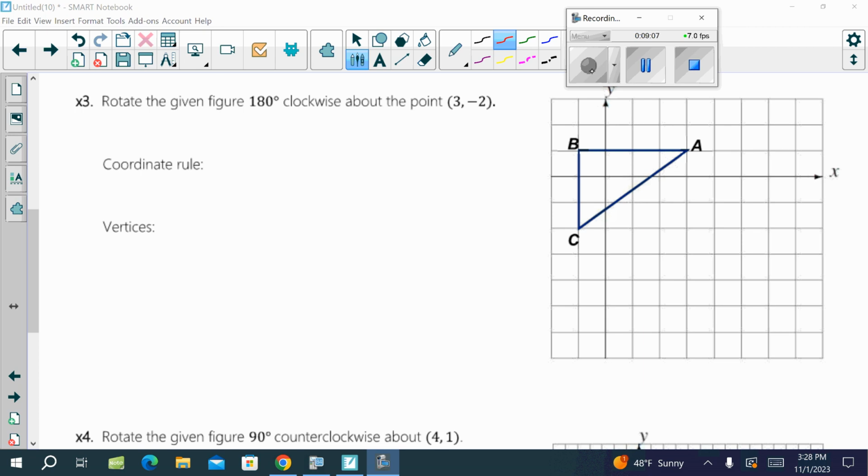The patty paper can help you without the origin as your center. So it says rotate the given triangle 180 degrees clockwise about the point (3, negative 2). So (3, negative 2) is right here. Okay, so that's our point P, that's our center of rotation.